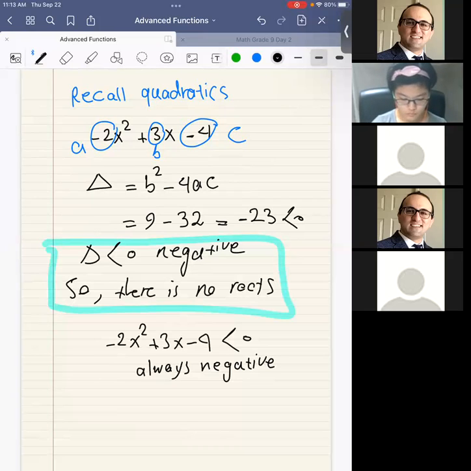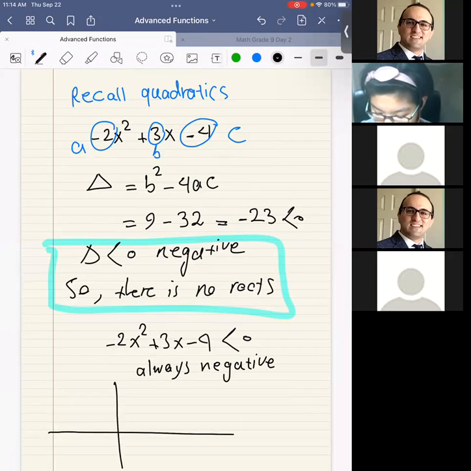Let me tell you why it's always negative. First of all, from the geometric point of view, whenever you have a quadratic that doesn't cross the x-axis, it should be either always like this or this, right?